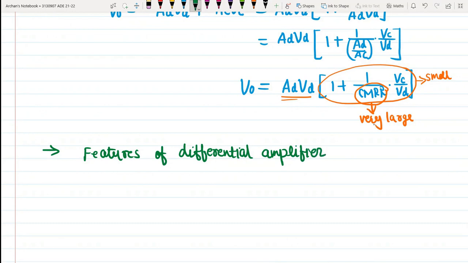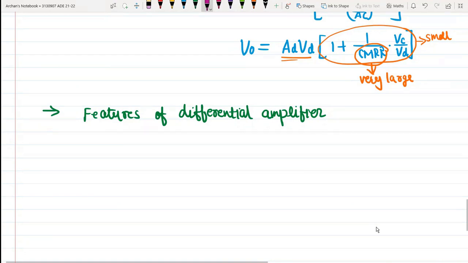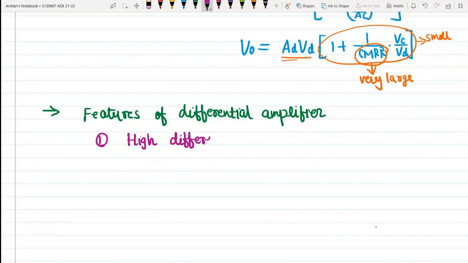Okay, so talking about the features of differential amplifier, we have the first feature, which is high differential voltage gain. Okay, this is what we have seen.